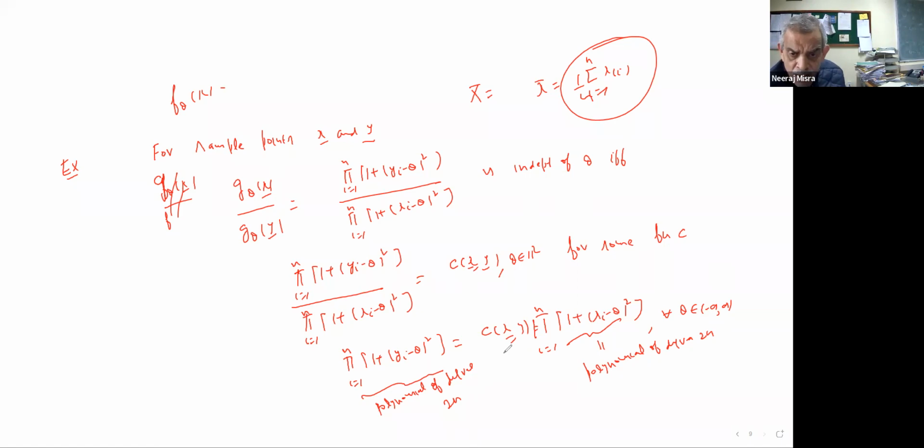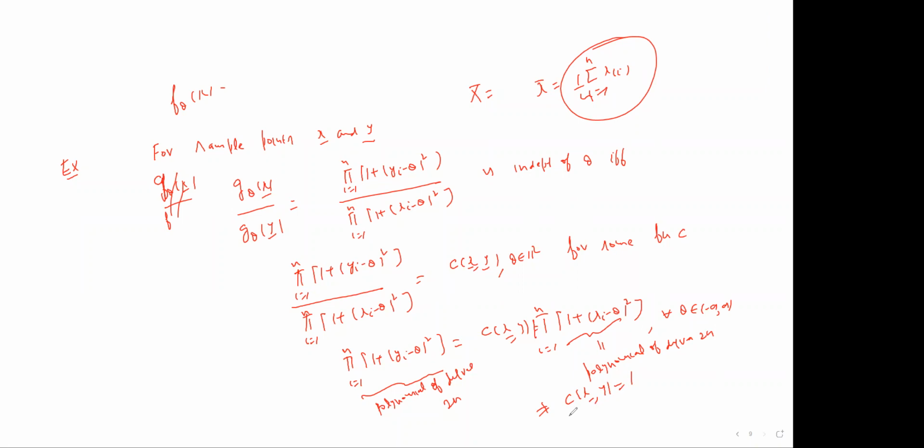So one way is that all the coefficients would be the same. I can compare the coefficients. The coefficient of theta to the power 2n on the left is 1, and the coefficient of theta to the power 2n on the right is c(x,y). So this would imply that c(x,y) is 1. Is that okay?